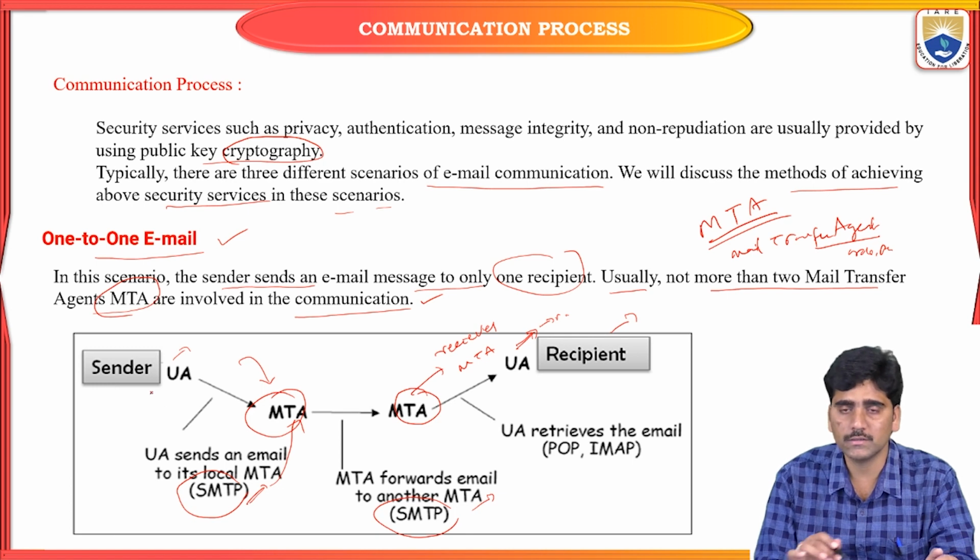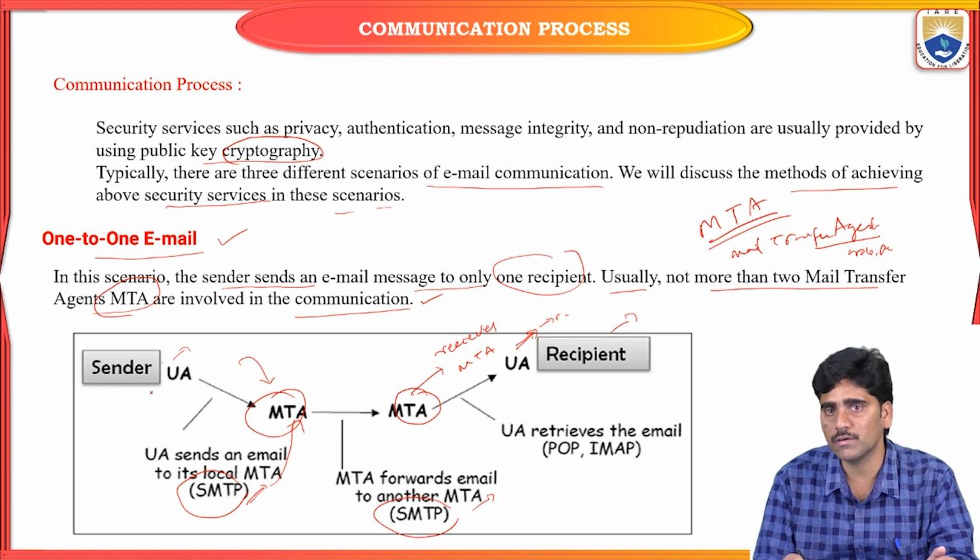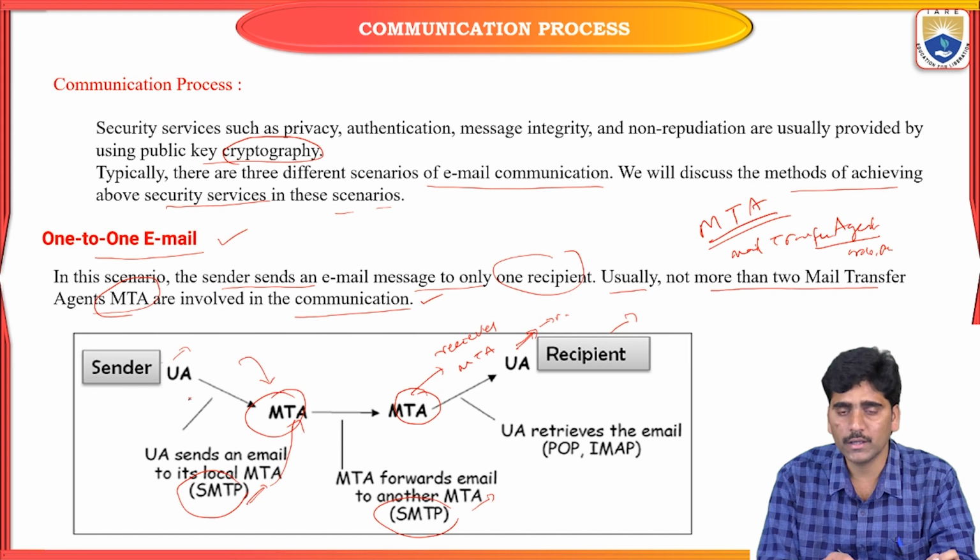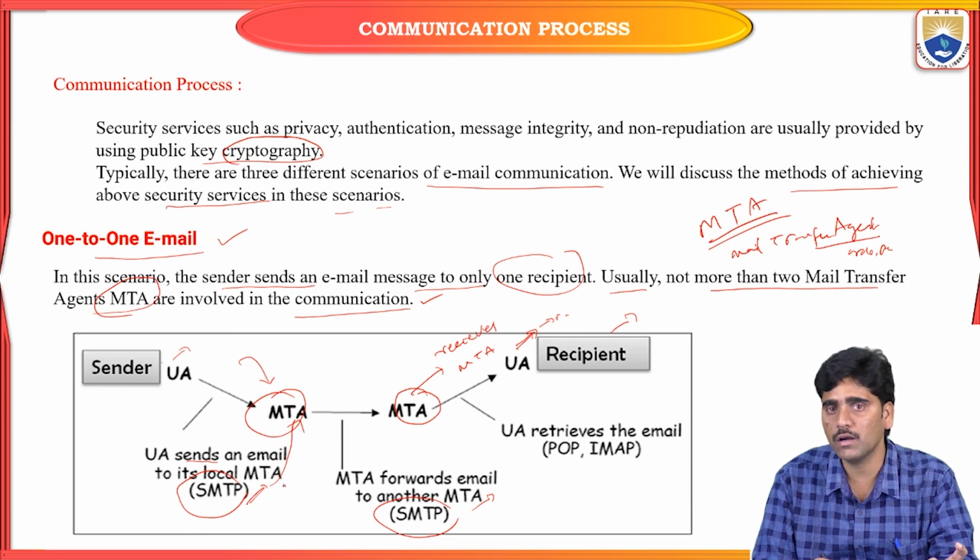Once the sender is authenticated with the receiver mail ID, then you can forward the mail. The authenticated user sends an email to its local MTA, that is called SMTP. Now this MTA forwards the email to another MTA, which is the receiver side MTA.